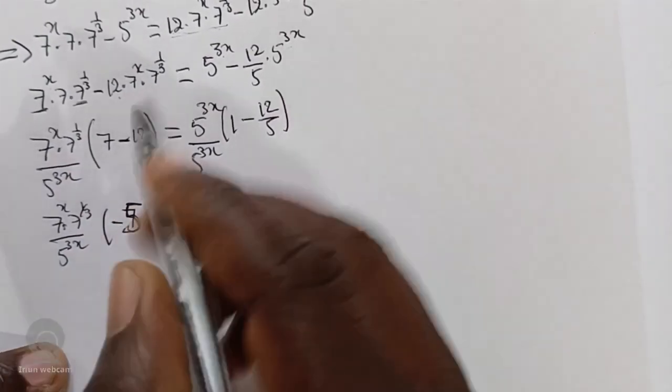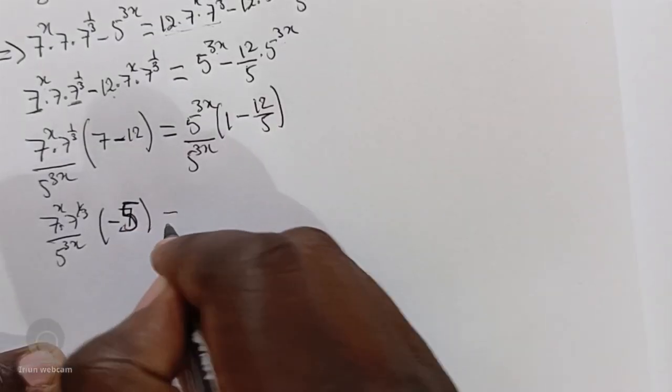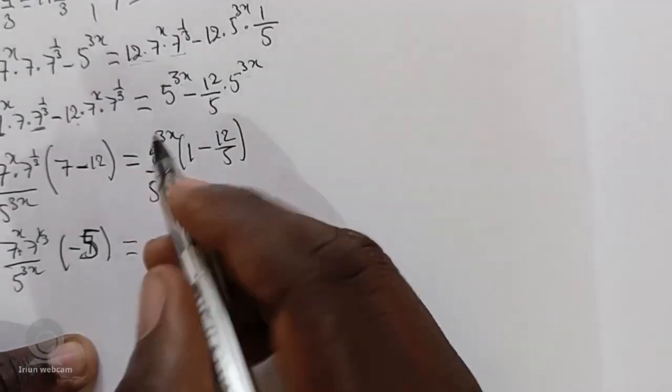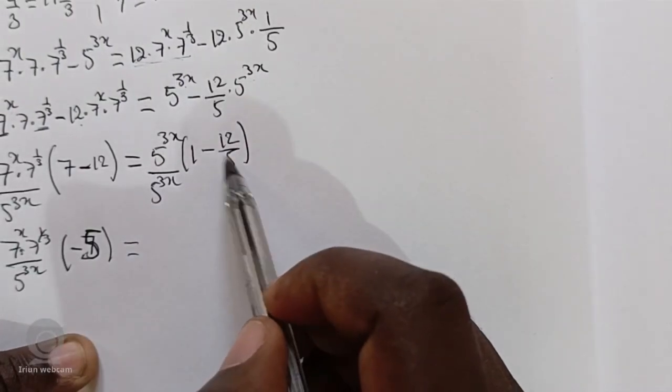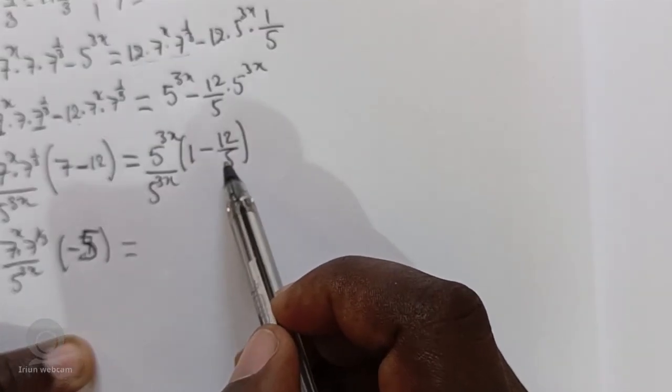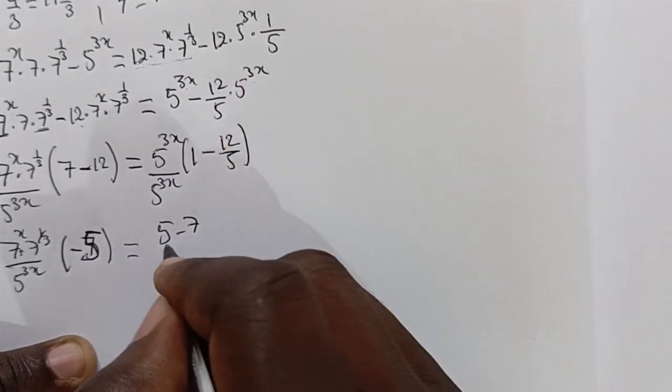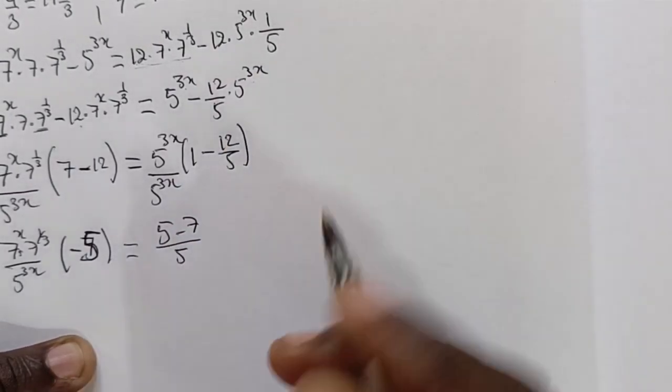This is minus 5. 7 minus 12, that's minus 5. This is equal to, putting in the common denominator here, we have 5 minus 7 divided by 5.